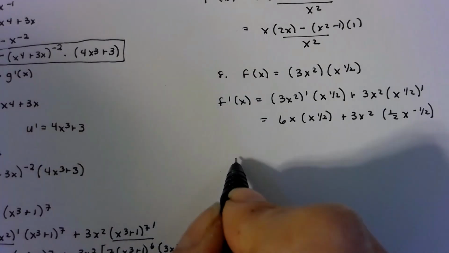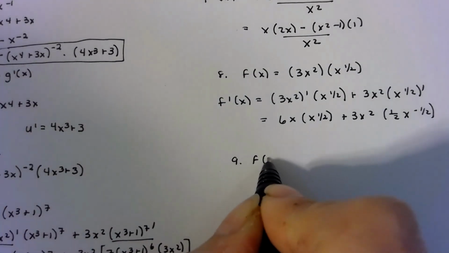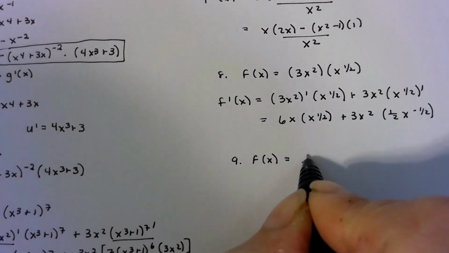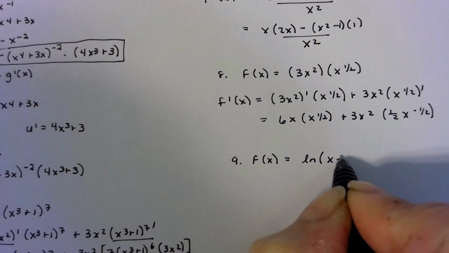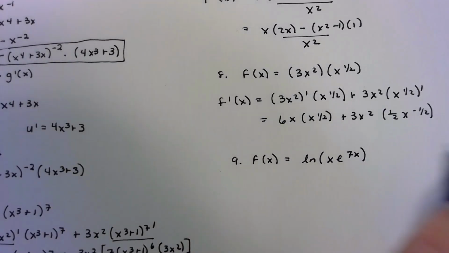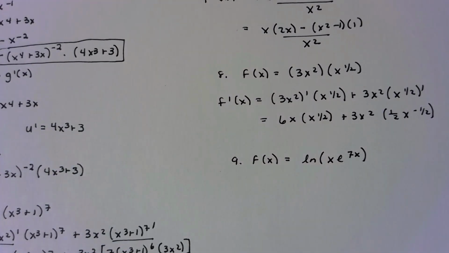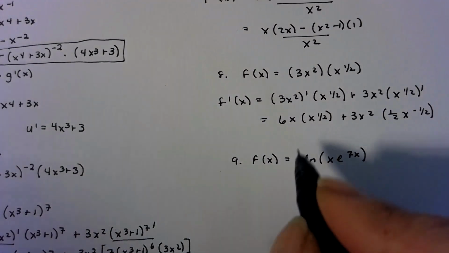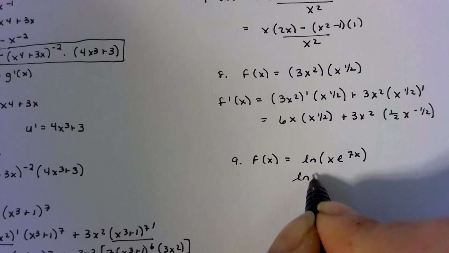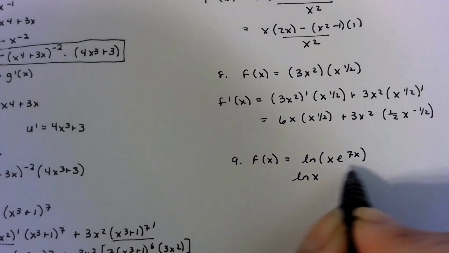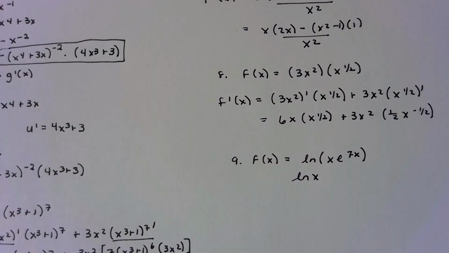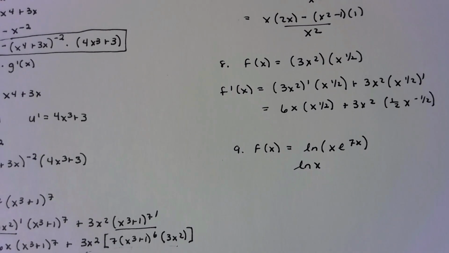Number 9, f of x is equal to ln of (x e to the 7x). I do not see a product here. Remember, the function for the natural log is ln x, so that means stuff was plugged in for x, okay? This is chain rule.